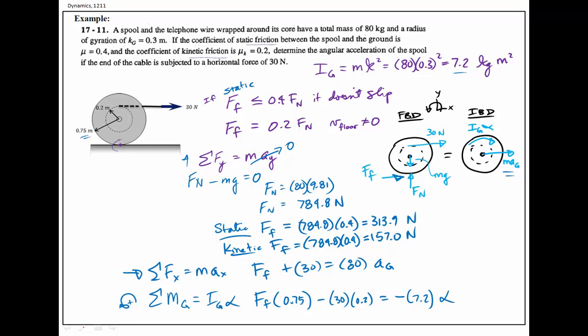We could establish a relationship between the acceleration and alpha right here, as long as there's no slip. So if you assume there's no slip, the acceleration of g is equal to r alpha. Okay, so we're going to have to go to the next slide to be able to continue this.